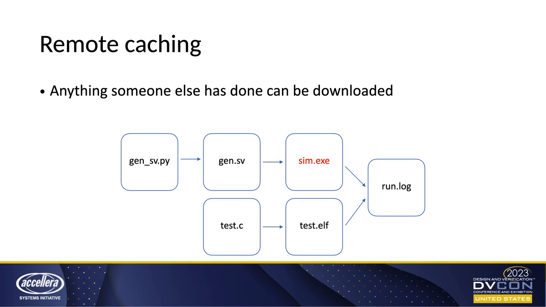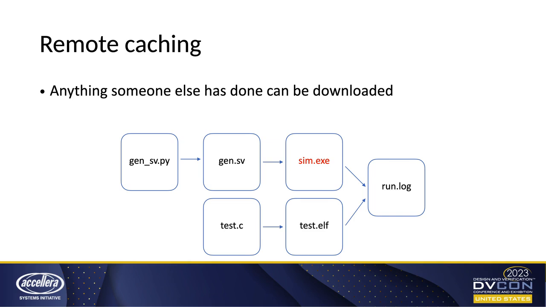And what Bazel will do is first it'll query that cache, and it'll say, hey, this user asked me to run this command given these inputs, and oh, by the way, here are the checksums of each of these inputs. Have you already done this before?